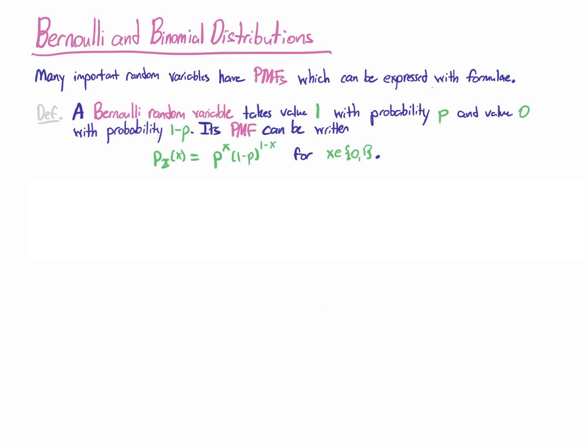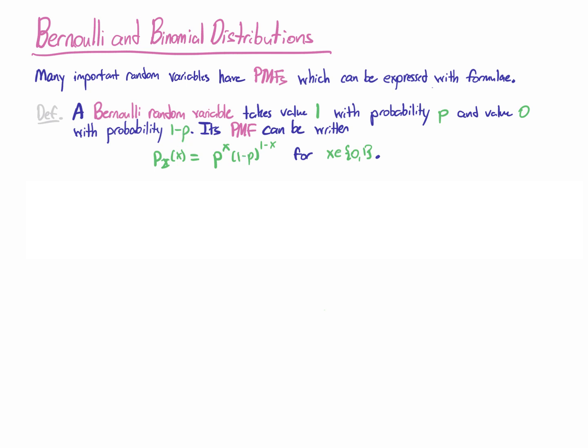But let's at least check. If I plug in x equals 0, the first term becomes 1 because anything raised to the 0th power is 1. Then the second term is 1 minus p to the 1st power, which is simply 1 minus p, the right answer.